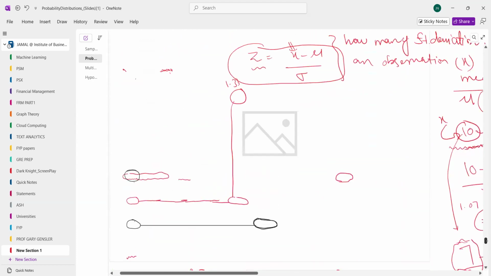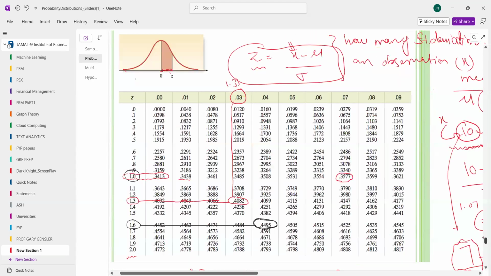You can go back to the table and check at the 90th percentile. 1.28.